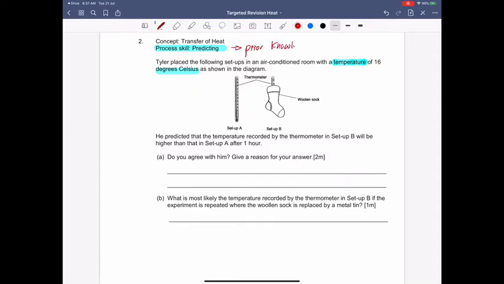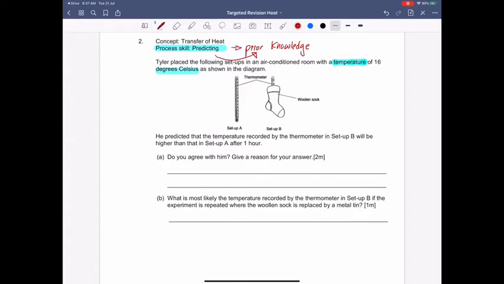What is prior knowledge? Prior knowledge is knowledge that you have gained in class or from your books, not from this question. Because predicting requires you to relate the phenomenon or the event. You need to make an intelligent guess of what would happen based on your prior knowledge.